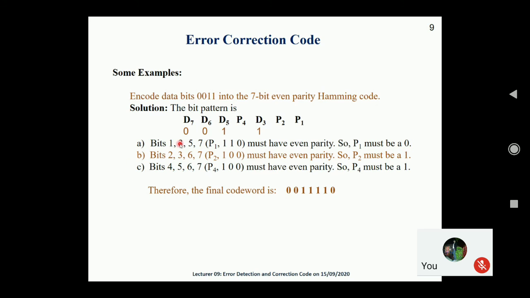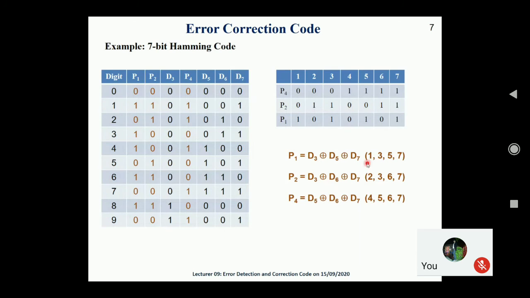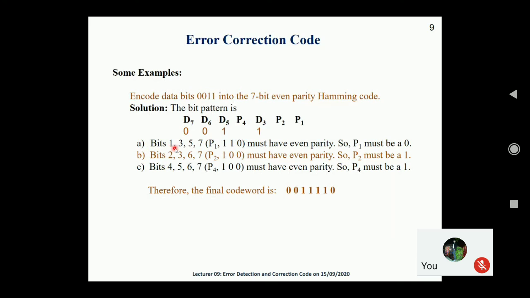See here, first, when we are computing P1, what is the group? The group is 1, 3, 5, 7. 1 is already P1, 2 to the power 0, already covered by P1, so we cannot write anything, just write P1. And 3, 5, 7: D3 is 1, so here I write 1. D5 is 1, so here I write 1.